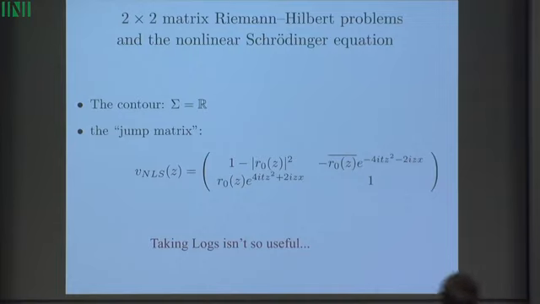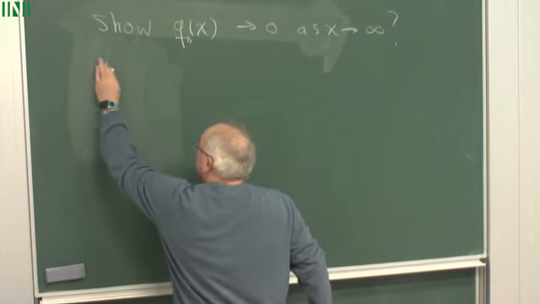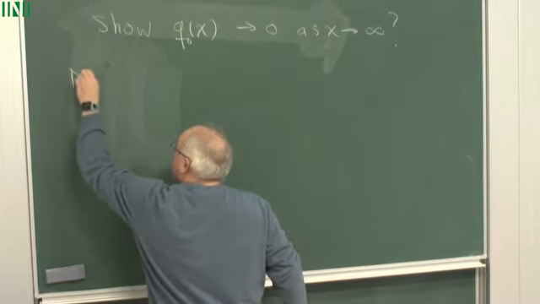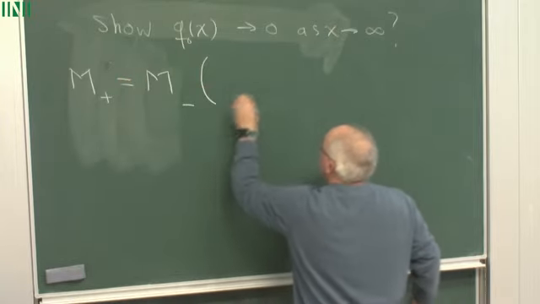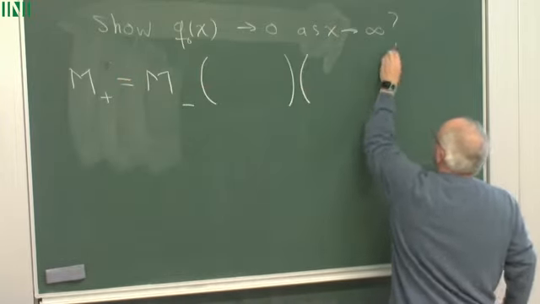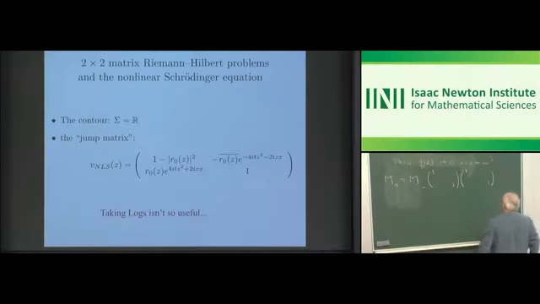All right, t is 0, so I should rewrite this jump matrix. I'll try to do it so it's legible. Negative 2izx.